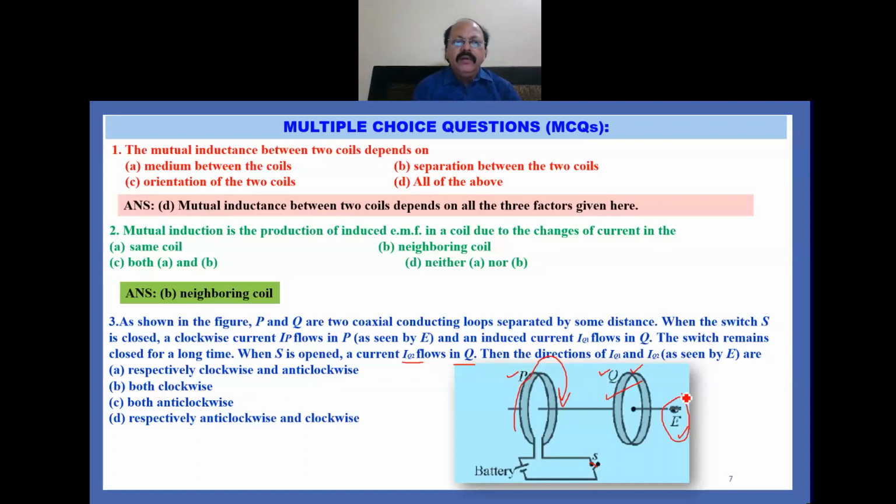Option B, both clockwise. Option C, both anti-clockwise. Option D, respectively anti-clockwise and clockwise. Apply the concept, whatever you have learned, and then you check your answer, and the answer should be D, respectively anti-clockwise and clockwise.